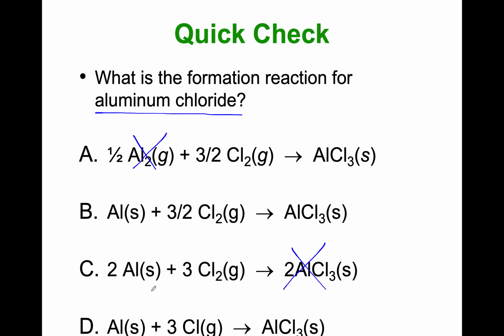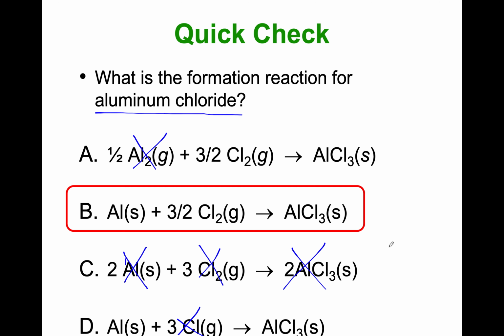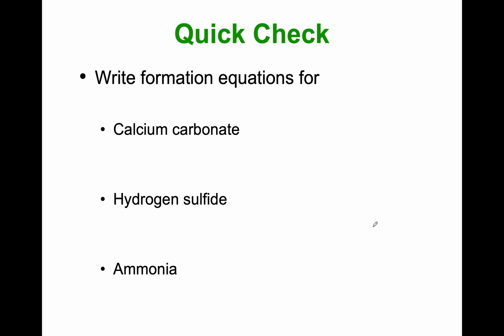Okay, we can see here this one was already crossed off because of the products. And if we see here, chlorine is a diatomic. So that's wrong. That means we're left with the aluminum, and look at this, fractions, even more. 3/2 of chlorine gets you to aluminum chloride.